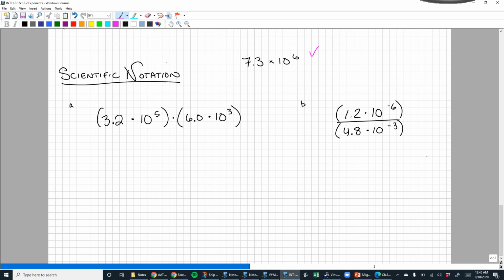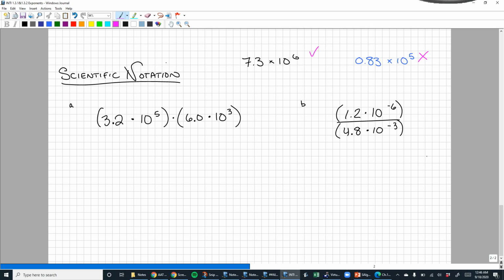That's in scientific notation. But if I wrote it like 0.83 times 10 to the power of 5, that would not be in scientific notation because it's not between 1 and 10.